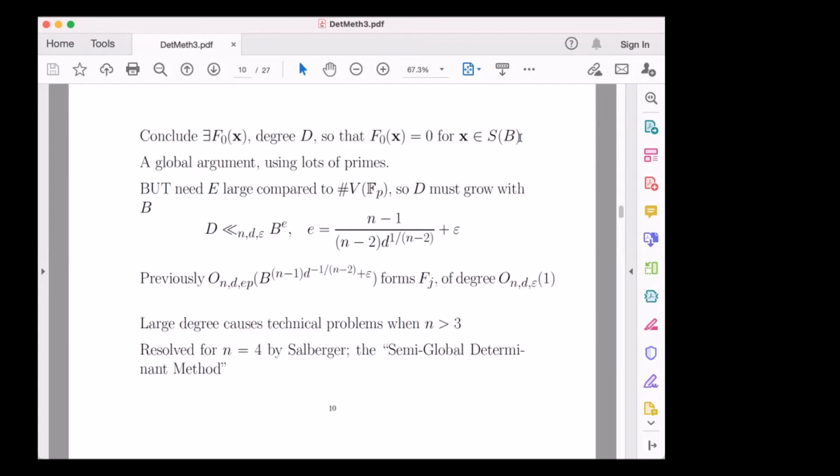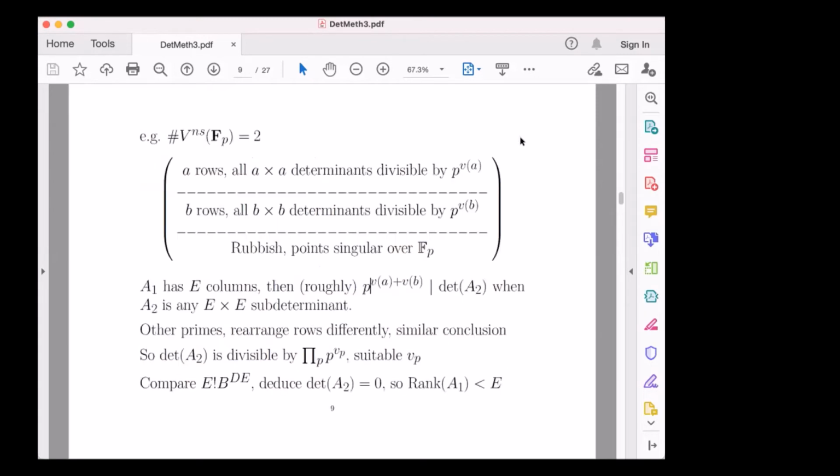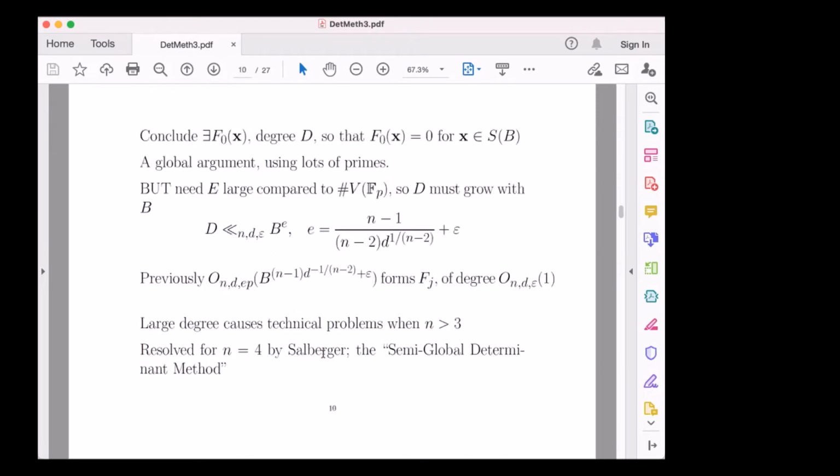As you see, it's a global argument. We use lots of primes. You could, in principle, exclude primes if they were particularly awkward, but in general, you just include all primes. But to make this work, you at the very least need the number of columns to be large compared to the number of points modulo p for the primes you're using.